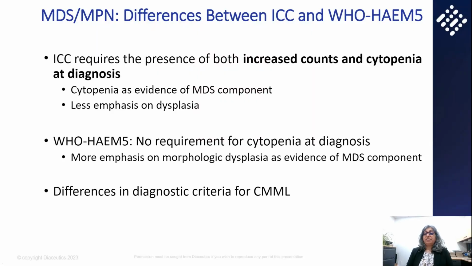WHO still emphasizes morphologic dysplasia as evidence of MDS component. And then there are differences in diagnostic criteria for CMML, which sometimes can create diagnostic challenges, but in the interest of time, I will not talk more about that. The difference in criteria are, again, essentially related to requiring cytopenia at diagnosis or not, and whether dysplasia is important or not.